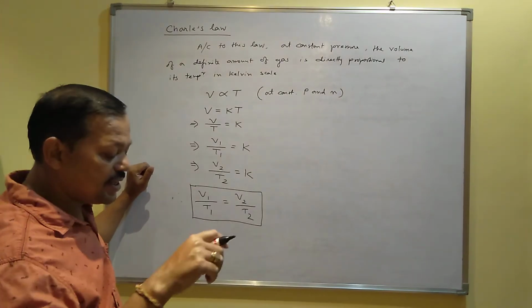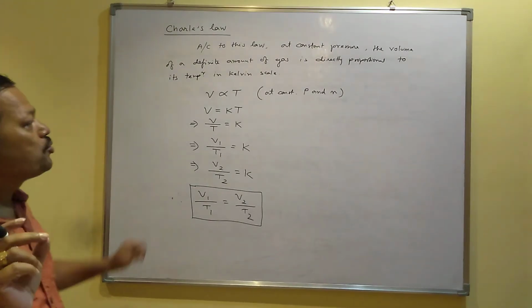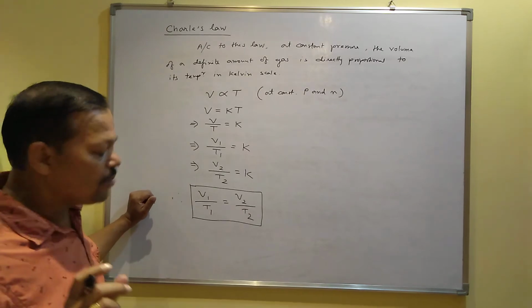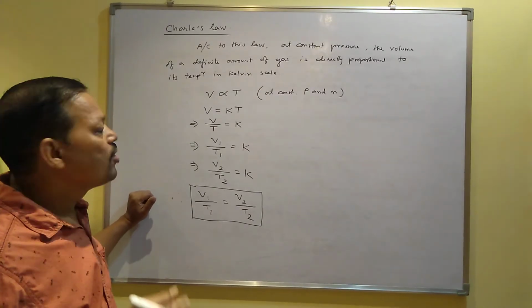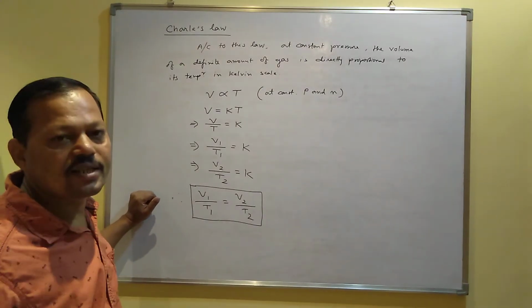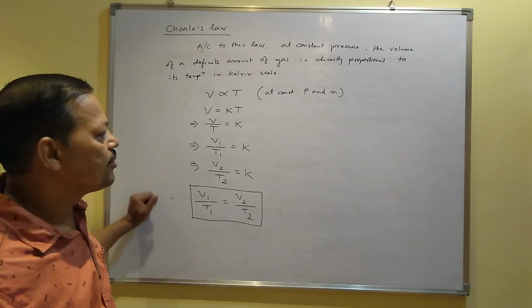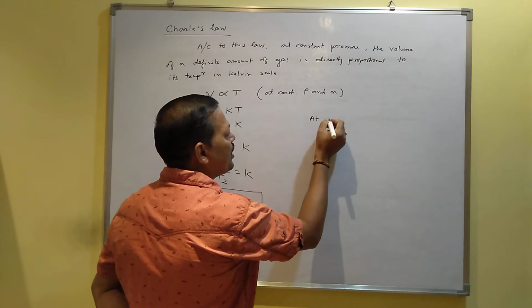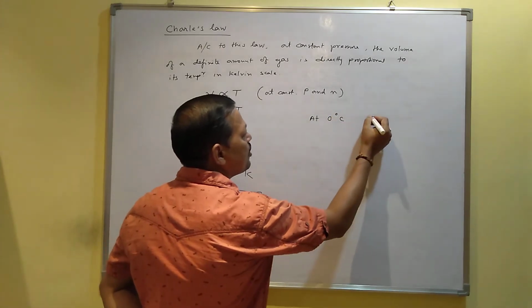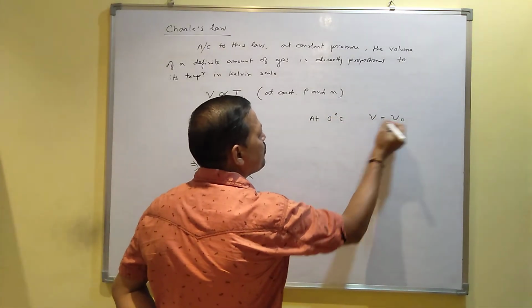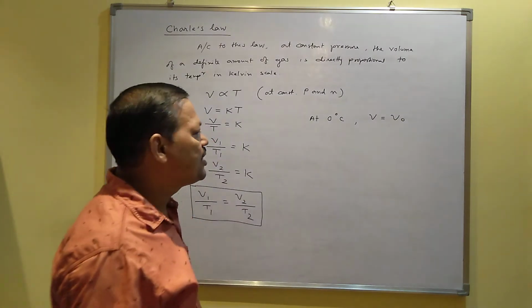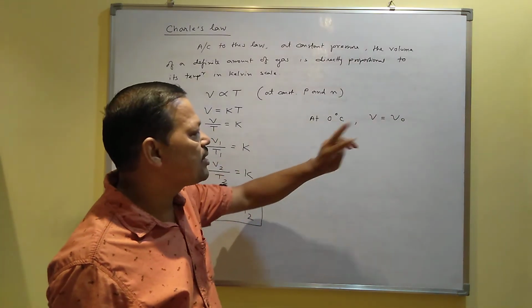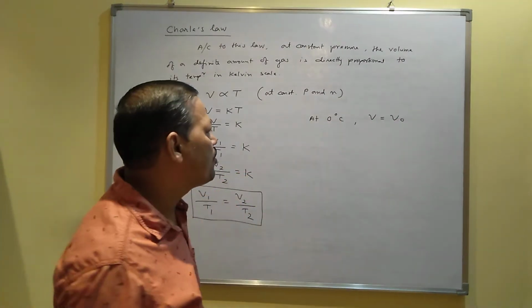increases or decreases by 1 by 273 part of its original volume at 0 degree Celsius for every 1 degree Celsius rise or fall in temperature. Means, let at 0 degree Celsius, the volume is V naught. I mean, when the temperature is 0 degree Celsius, the volume we have considered as V naught.